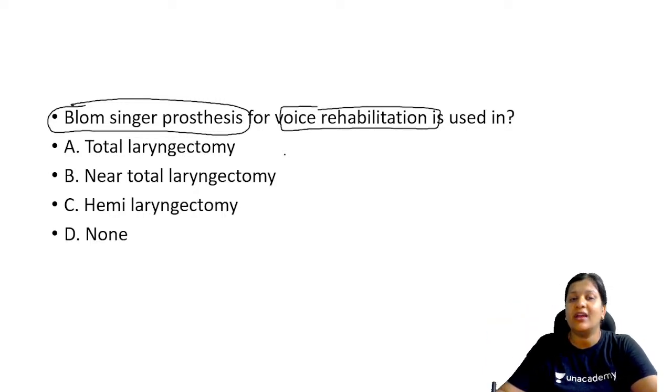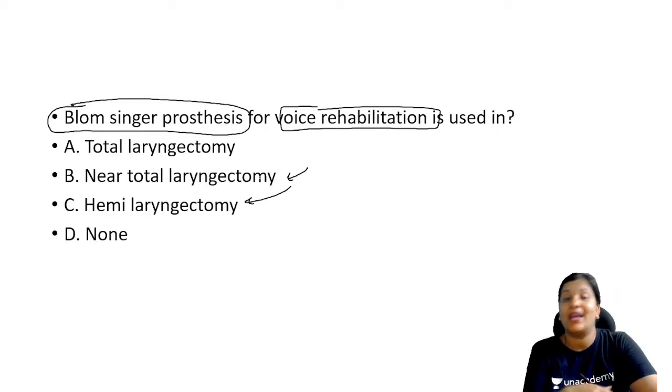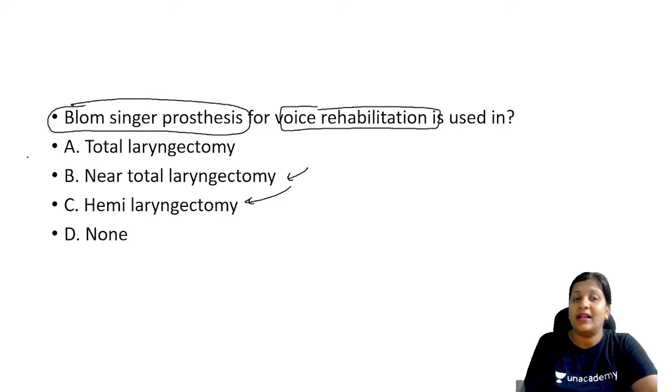So if we are doing a near total laryngectomy or a hemilaryngectomy, we still have some portion of the larynx left behind. And since some portion of the larynx is left behind, there is always a possibility that it can be used to vibrate and produce voice. May not be normal voice, but yes, they can have voice. Rehabilitation will be done only when you do a total laryngectomy.